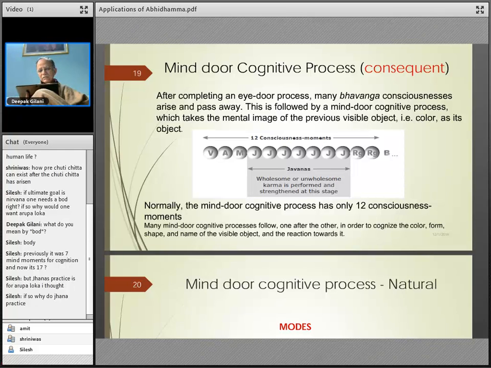So it takes the mental image of the previous object, for example its color or form or shape, and then investigates. So the mind door process normally has only 12 movements, and they are explained. Again, same thing, vibrating and arresting and mind door process, javana, registering, and they again follow one after one another in order to cognize the form, the shape, the name.